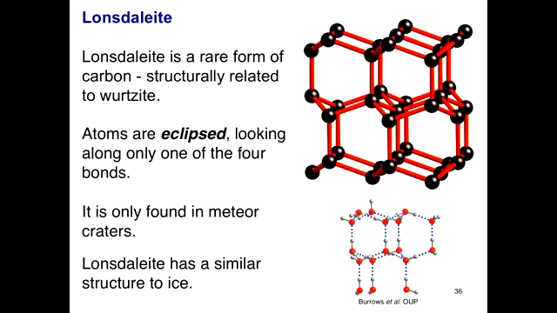So in one direction only, we see the bonds being eclipsed. But it's only found in meteor craters. Now, if you look at the hydrogen bonding in ice, we've got exactly the same sort of structure. So ice, wurtzite, Lonsdaleite all have the same type of structure.